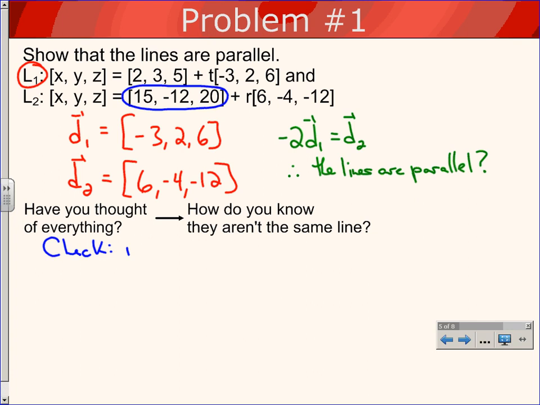So I'm going to check, is the point 15, minus 12, 20 on line 1? Is it on the first one? And we just did that question, right? We checked to see if things were on lines. So what you need, excuse me, you need the parametric equations. 2 minus 3t.